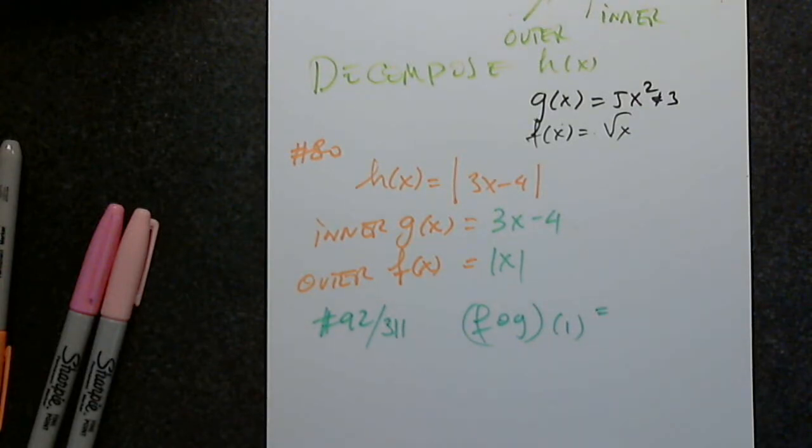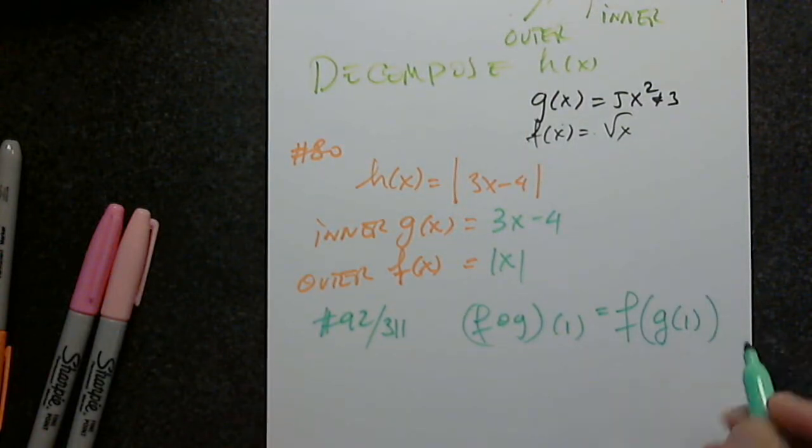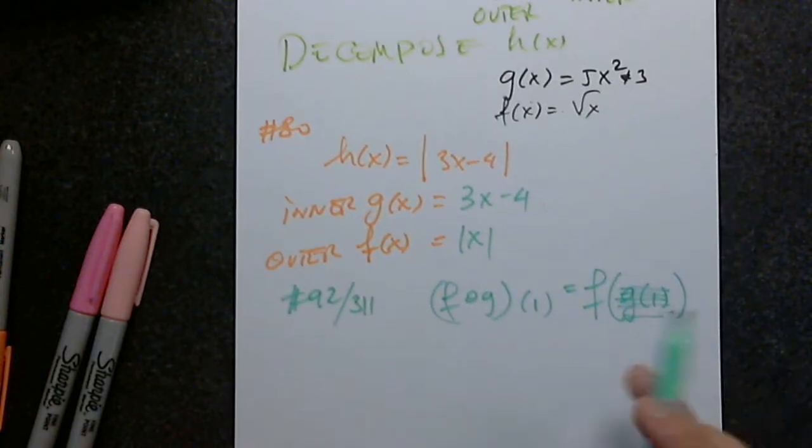What does this mean? f of g of 1. So first we have to find g of 1, and then whatever that is, I will have to find f of that number, correct? Any questions so far? Okay, so let's do that together.